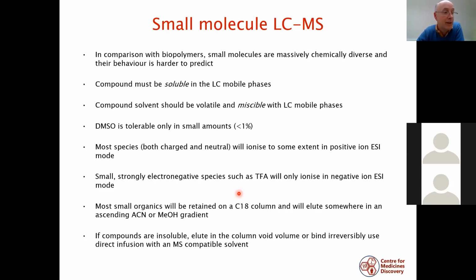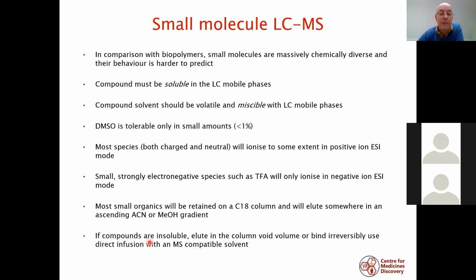There are occasions when a compound will not bind to the column, and it's going to come out in the void volume if it's extremely hydrophilic. Alternatively, if it's extremely hydrophobic, it may bind to the column and not come off. In that case, you can use a different chemistry on your column. You can maybe use a C4 or a C3.